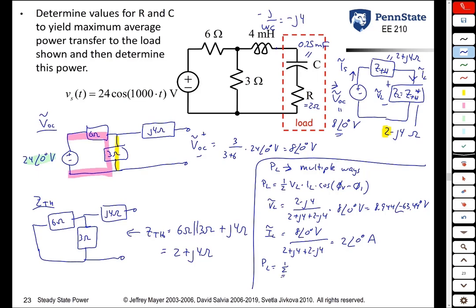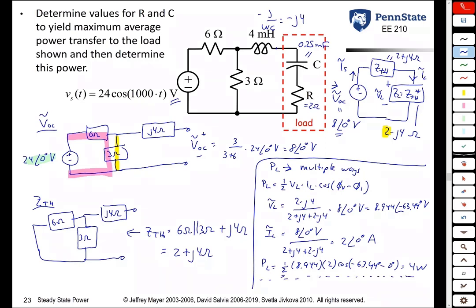Remember, we need this 1/2 because we are not using RMS values here. Nowhere were we told that this voltage was an RMS voltage. So the power is 1/2 times 8.944 times 2 times the cosine of minus 63.44 degrees minus 0 degrees. You work out the math, it's 4 watts.